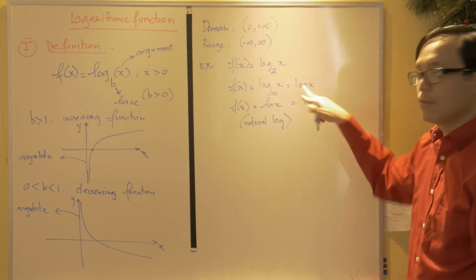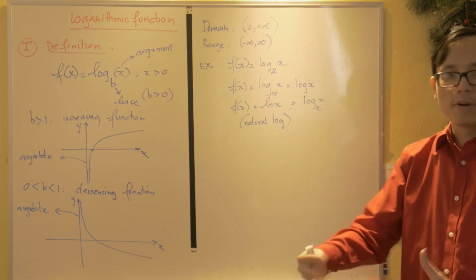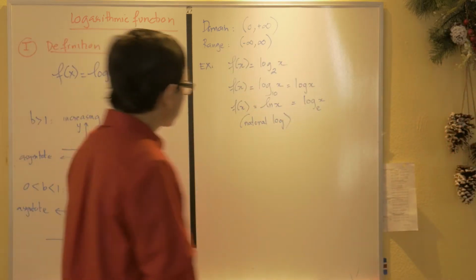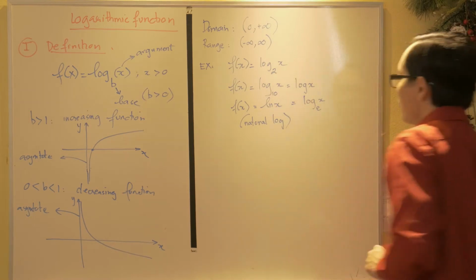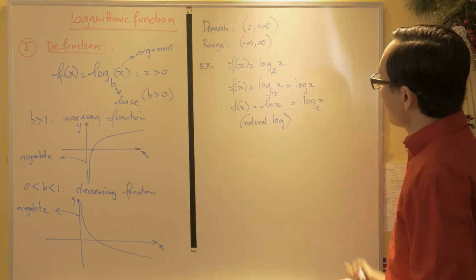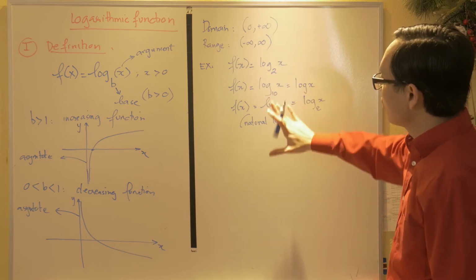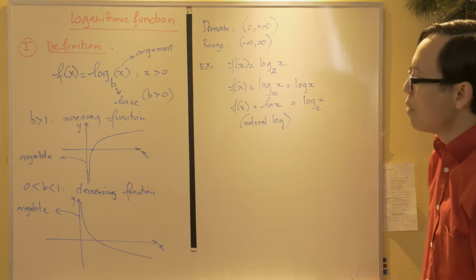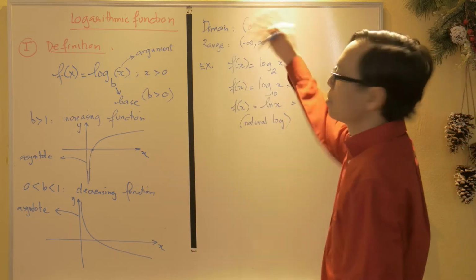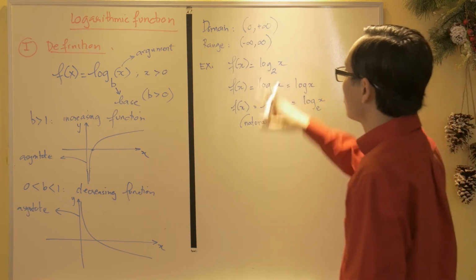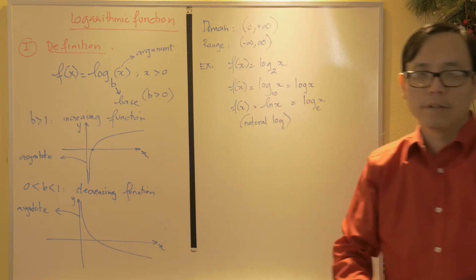For log base 10 we don't have a typical name. Before I jump to another example, we know right away that all the log functions I gave you here have the domain from 0 to infinity, and the range from negative infinity to positive infinity.